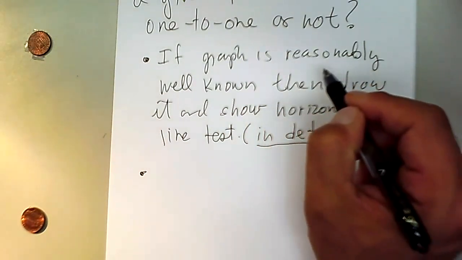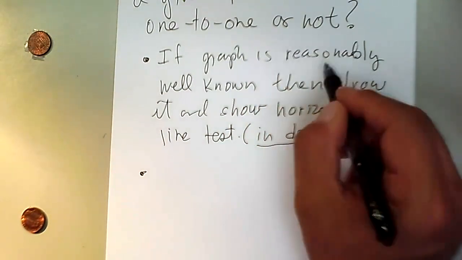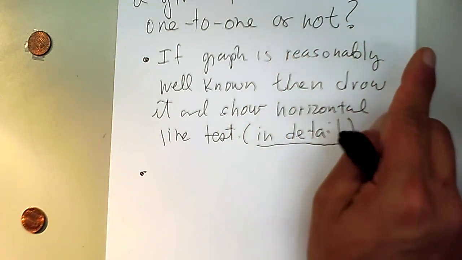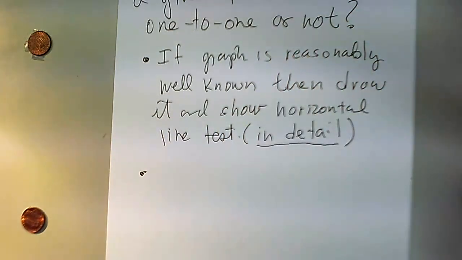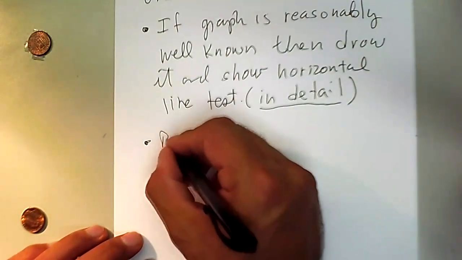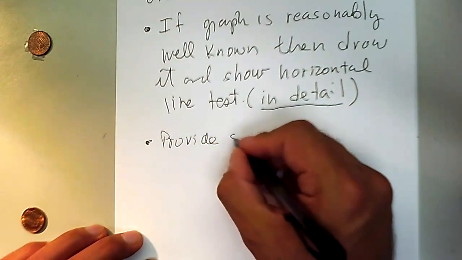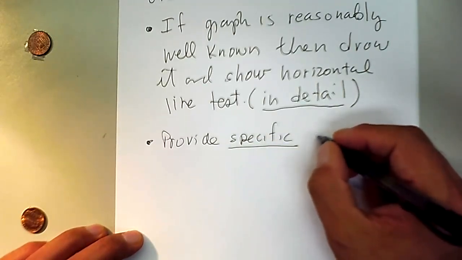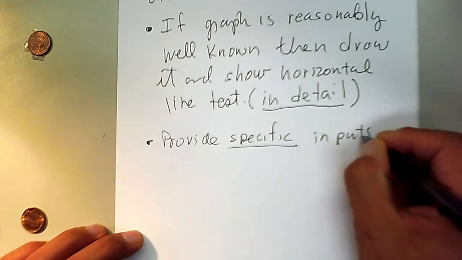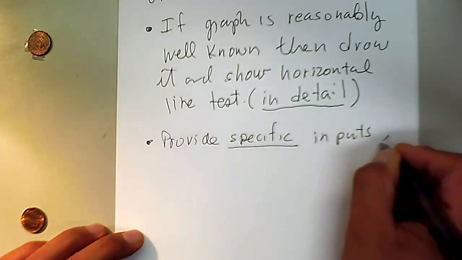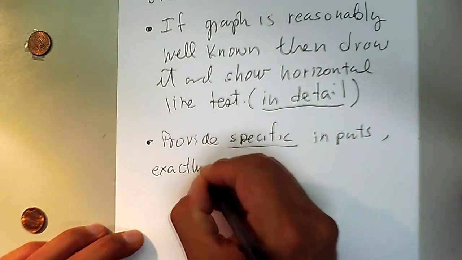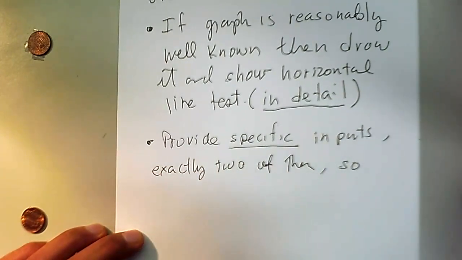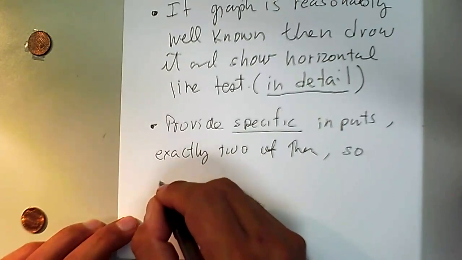If you suspect it is not, if you arrive at the conclusion that the function is not one-to-one, then provide two different specific inputs, exactly two of them, that have the same output, so their output is the same.